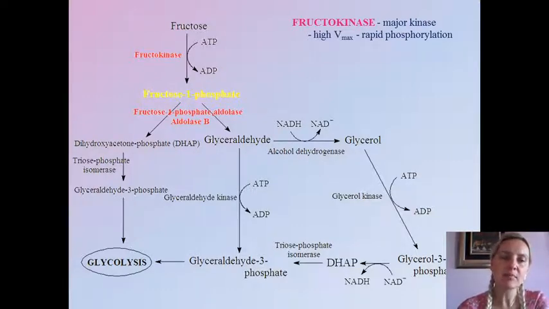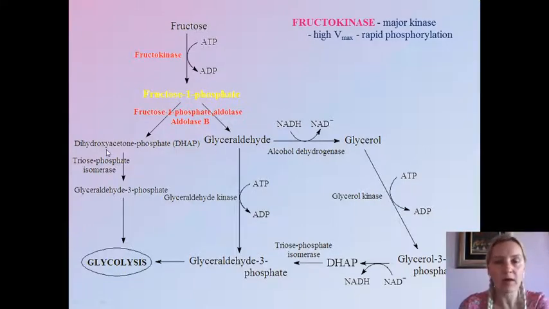In the next step, fructose 1-phosphate is hydrolyzed by the specific enzyme fructose 1-phosphate aldolase, or aldolase B, to dihydroxyacetone phosphate and glyceraldehyde.